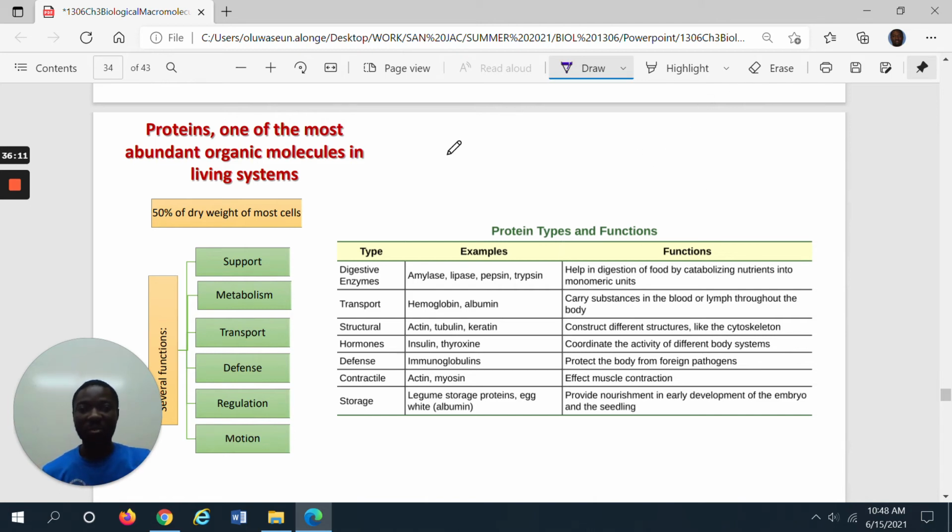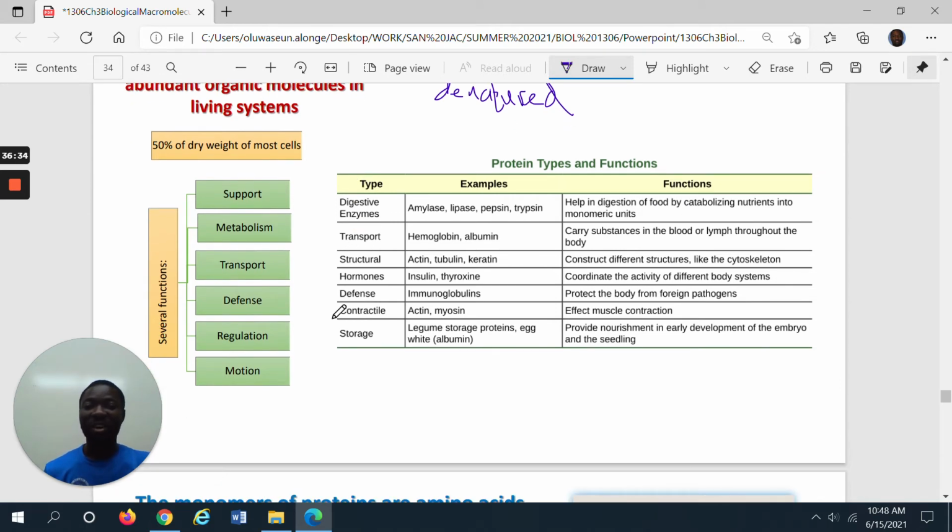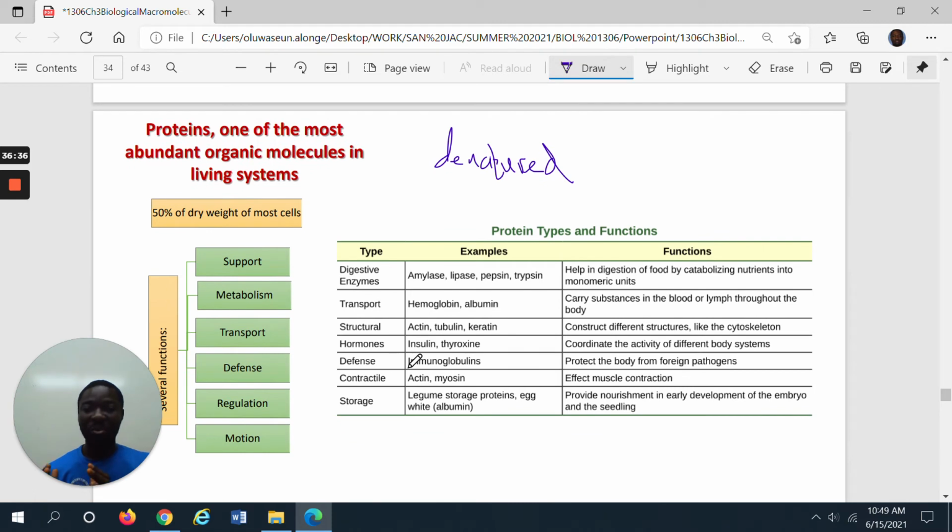If a protein is denatured, the protein cannot perform its function efficiently at that time. So that's why if your temperature is going higher than normal, you're advised to run to the emergency, because proteins are very important. Carbohydrate gives you the energy, protein does the work. That's where I was going. So protein is quite important.